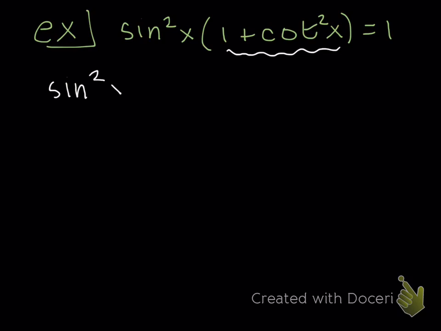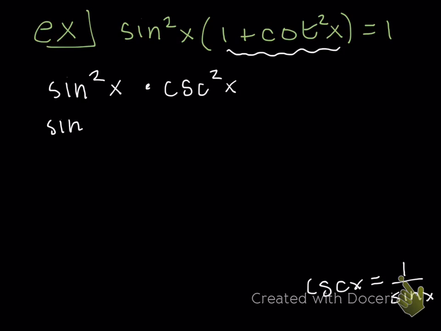So I have a sine squared of x times a cosecant squared of x. Using my reciprocal identities, cosecant of x is 1 over sine of x, so cosecant squared is 1 over sine squared.